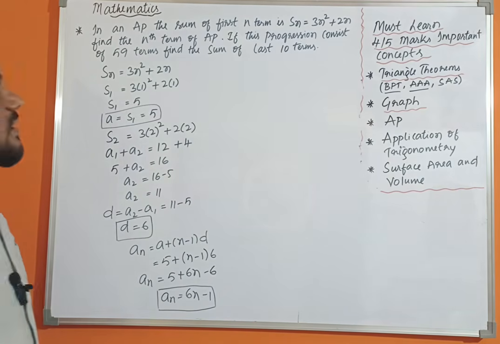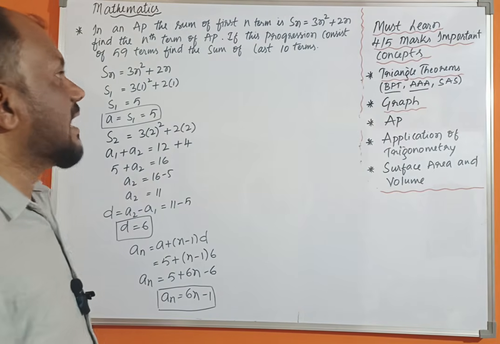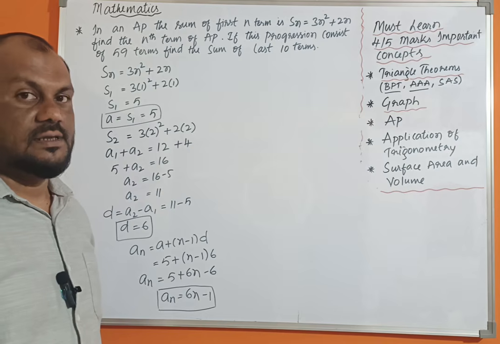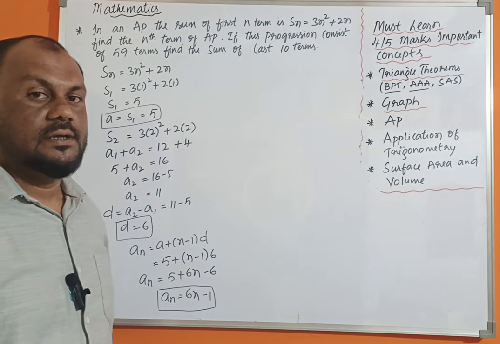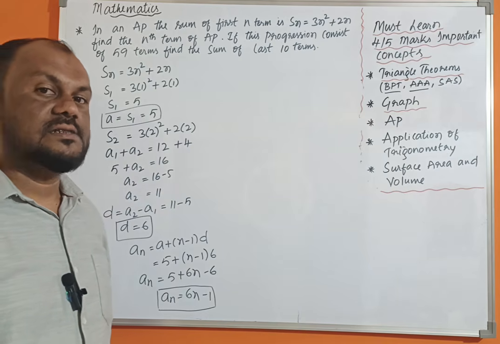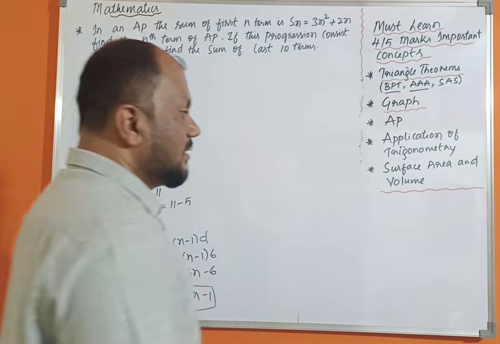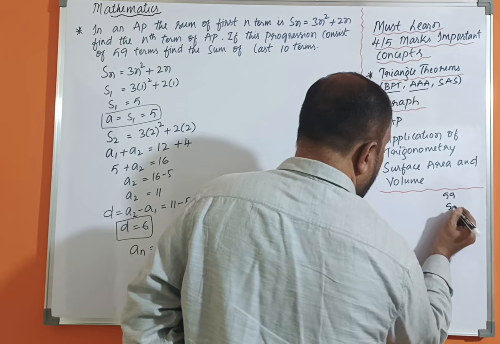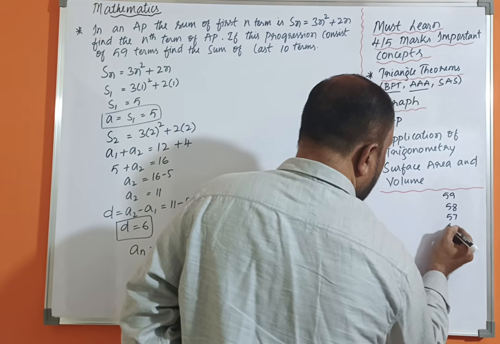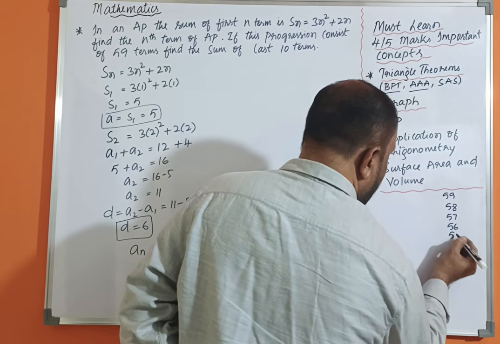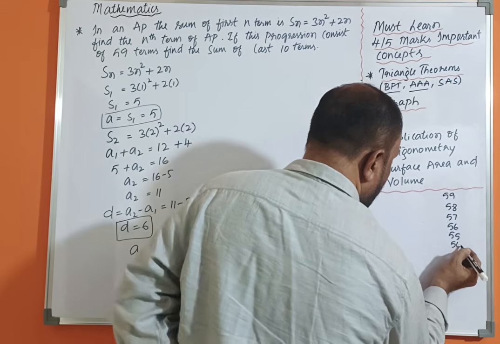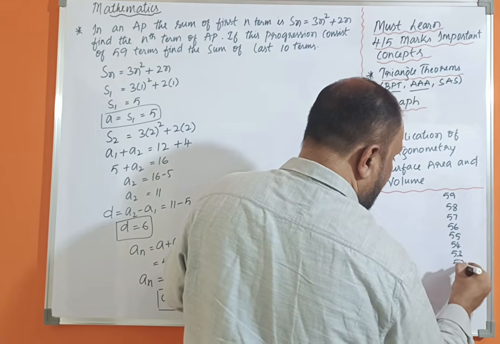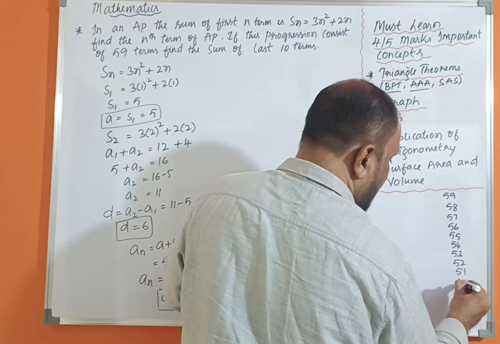So An is equal to 6n minus 1. Then again what they ask you, there are 59 terms in this AP. They asked you to find out the sum of last 10 terms. See, for example, if I start from 59, the next 58, 57, 56, 55, 54, 53, 52, 51, and 50.